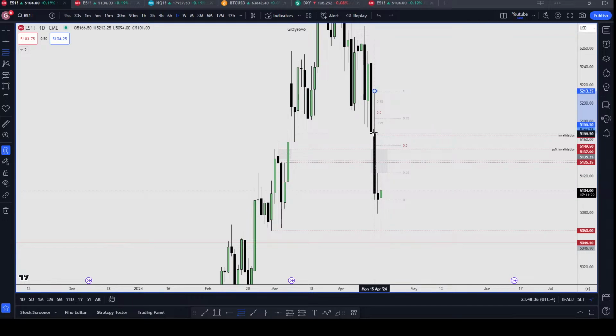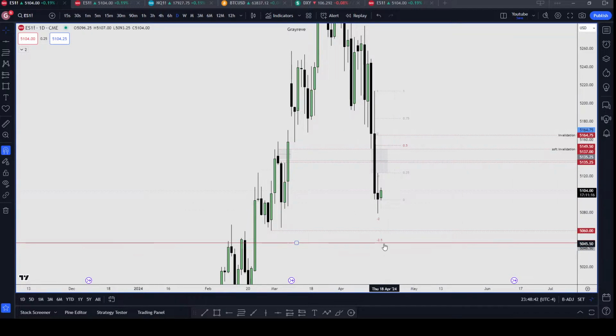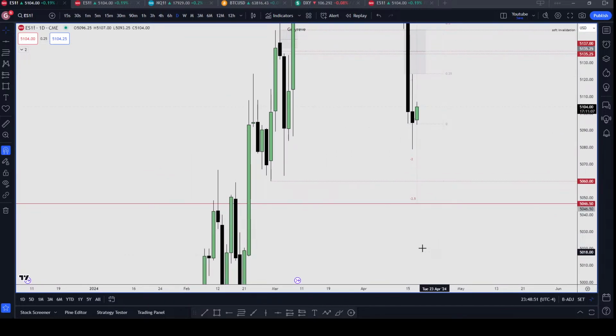Anchoring the high to the opening price. This would be my manipulation. I'll be projecting out to see if it aligns with the -2 to 2.5. So the safest bet is right here, right? This is the first draw on liquidity. This is the safest I can go.